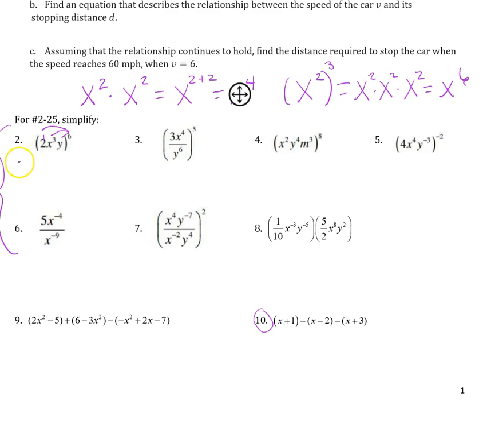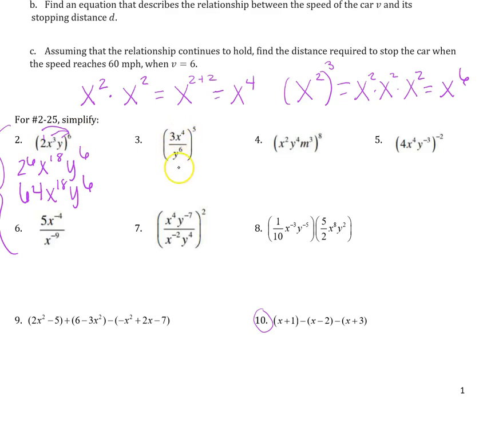So this becomes 2 to the 6th, x to the 18th, and y to the 6th. And 2 to the 6th is 64, so I have 64, x to the 18th, y to the 6th. And I can only distribute this exponent because it's a power of a product. These are all being multiplied together. If there was an addition sign in there somewhere, I could not do that.